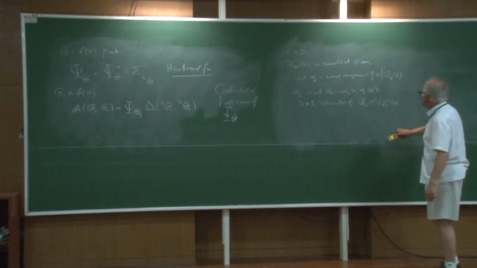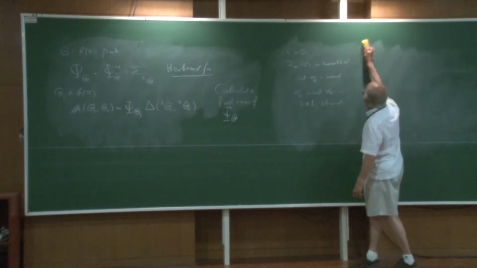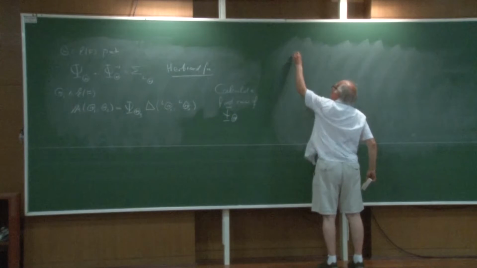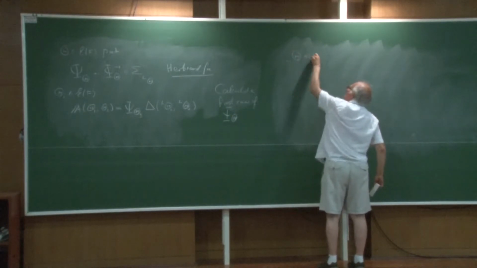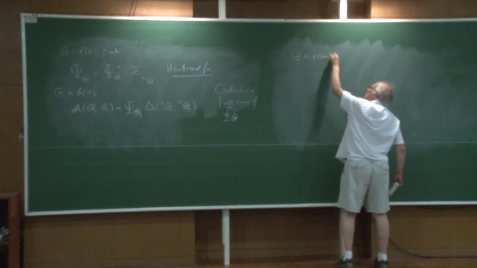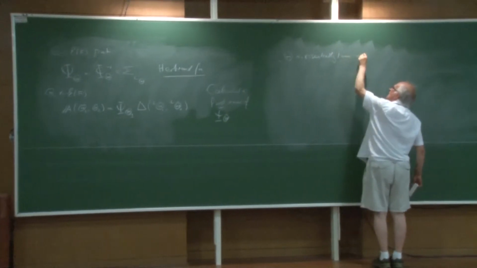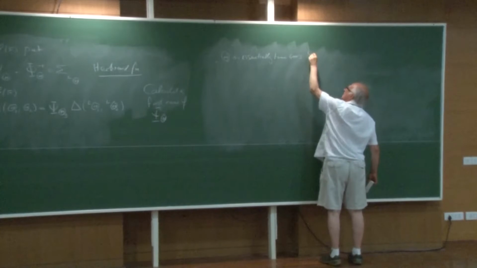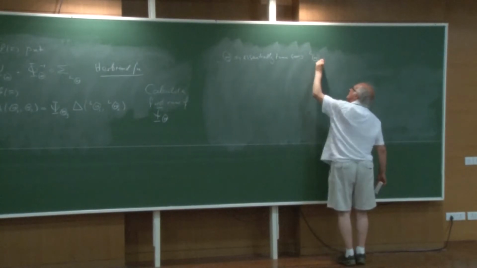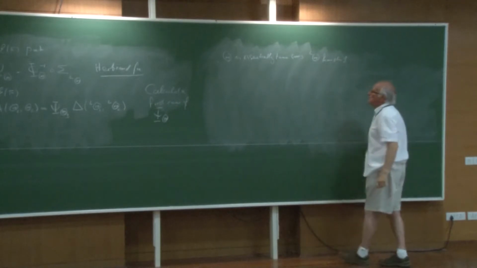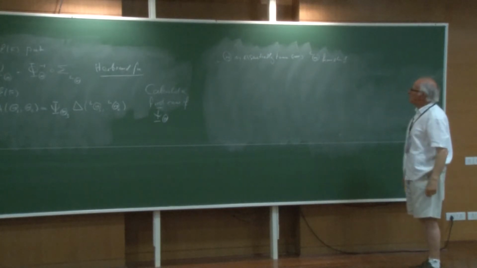The first case is theta is essentially tame. Well, that's the same as saying that when you shift it across to the wild inertia, you get a class of one-dimensional representations.